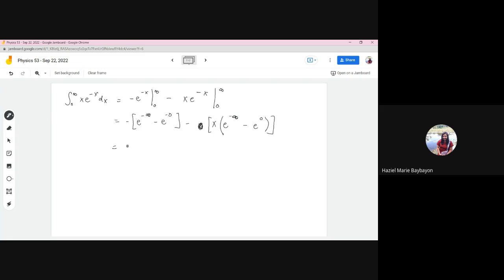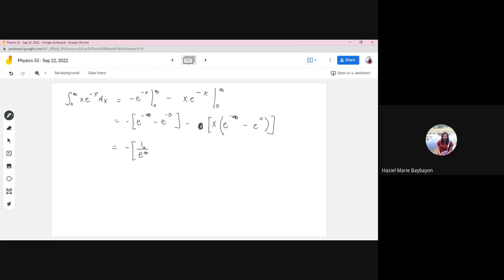Okay, so from here you have negative of 1 over e to the infinity. Pila man yung e to the infinity class. This is so great that I think vanish ni siya nga term. Sakto ba? Do you have your calculators with you?